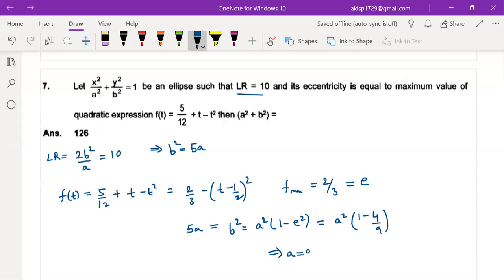Therefore a square is 81. But once we have a, we have b square. B square is 5 into 9, that is 45. So we have a square and we have b square. So a square plus b square is 81 plus 45, which turns out to be 126.